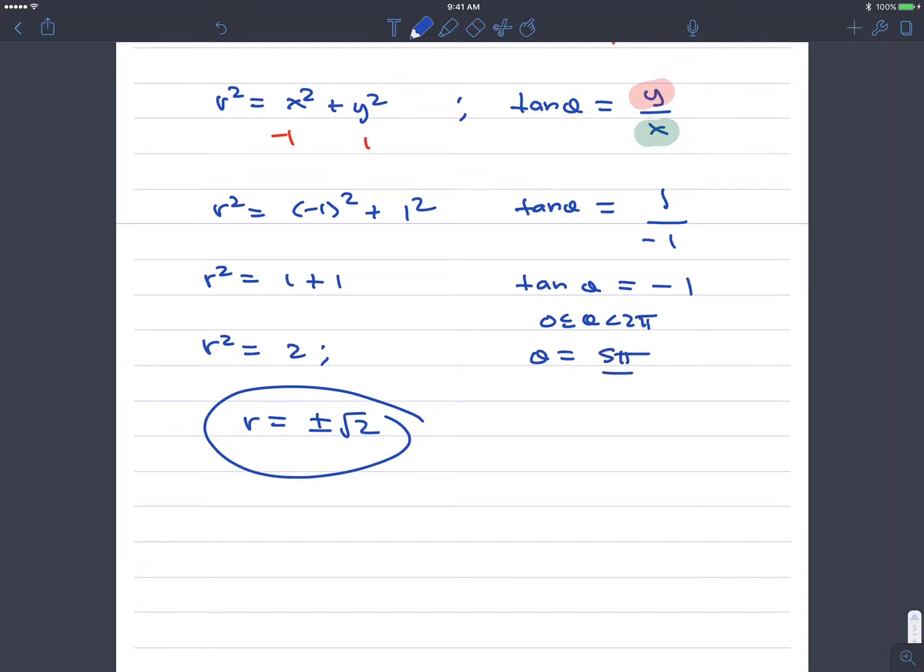Is it 5 pi over 4? Is that right? Is tangent theta 5 pi over 4, tangent theta being -1? No, that might not be right. Anybody know what theta is? How do we find theta when tangent theta is -1?